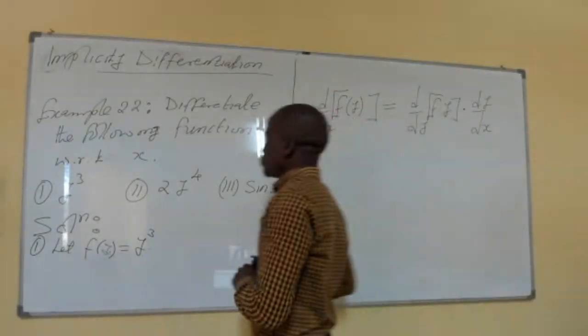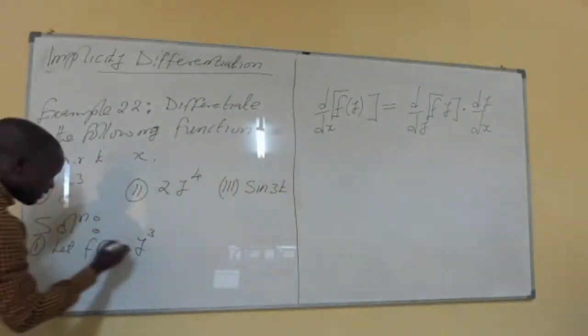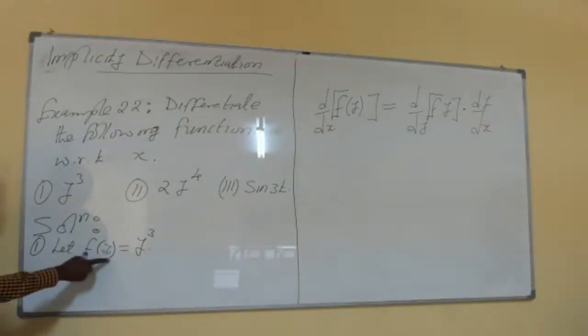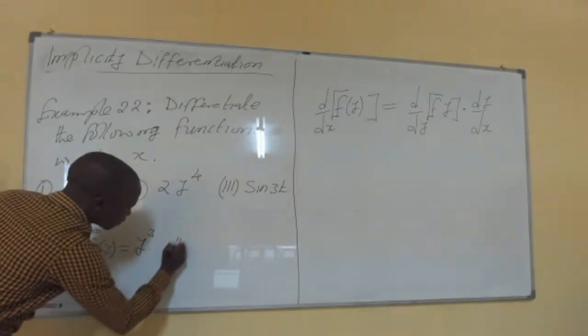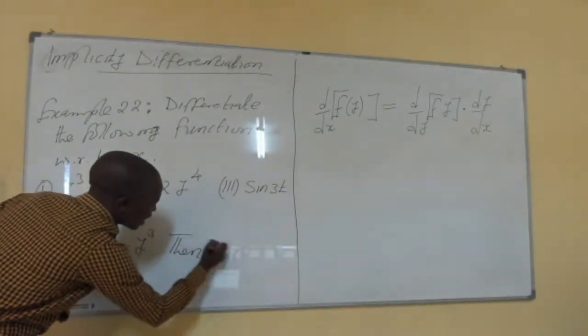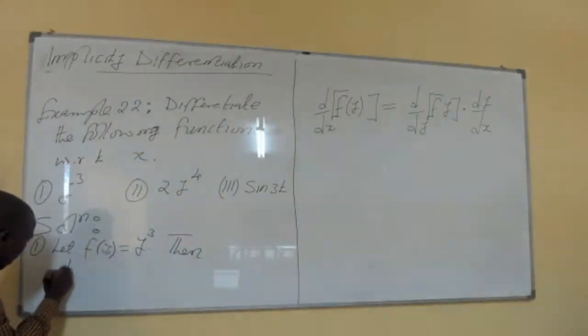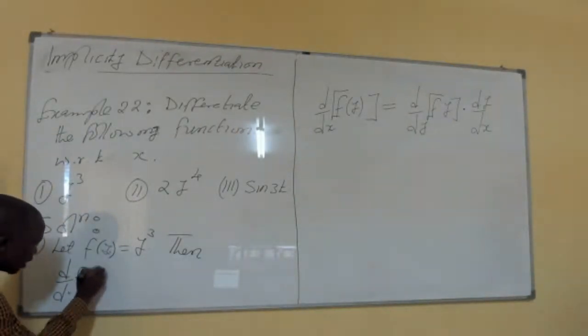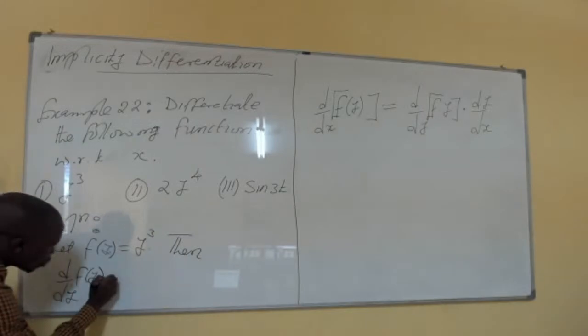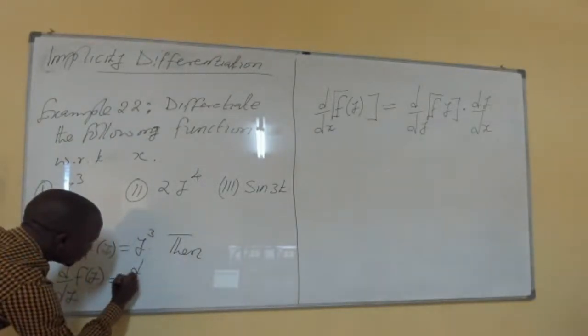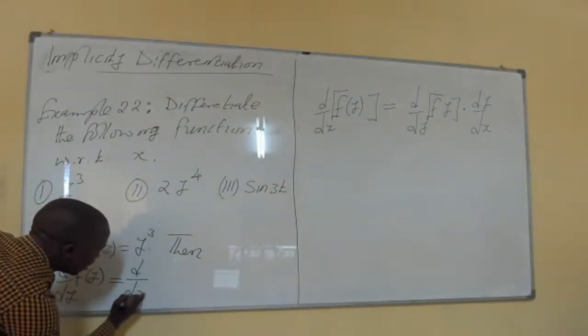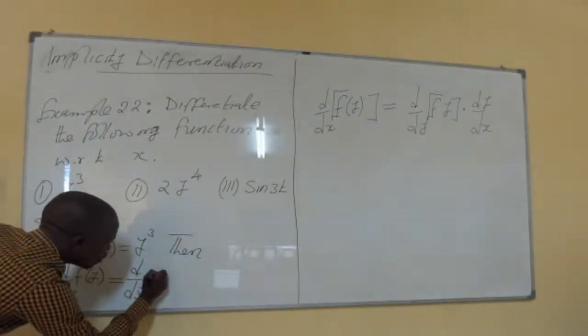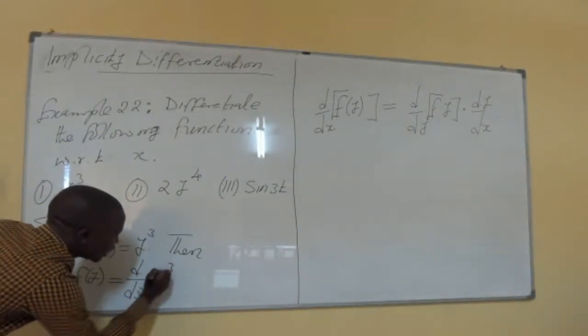Now, if we let f of y equal y to the power 3, then the derivative of f of y with respect to y is the derivative with respect to y of y to the power 3.